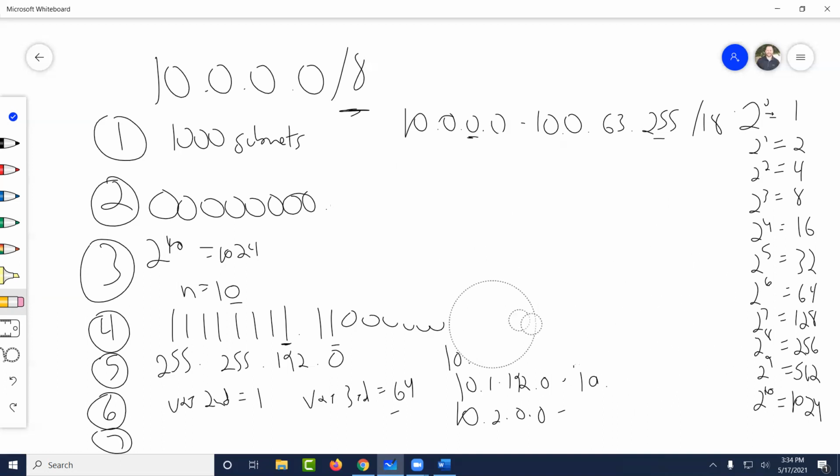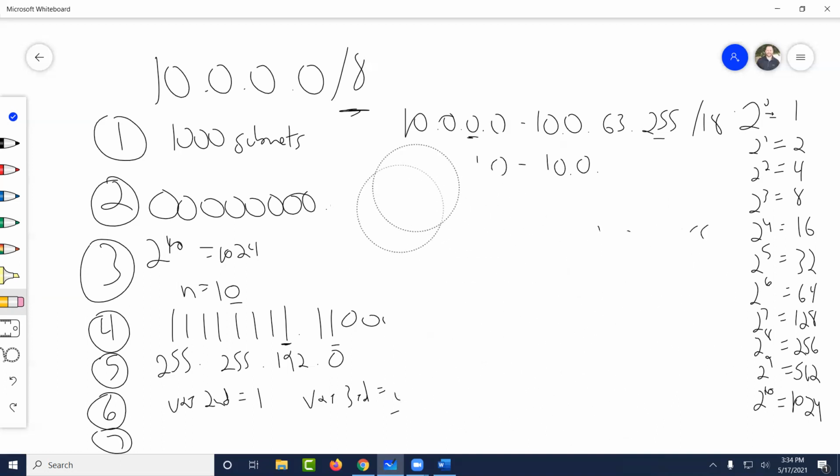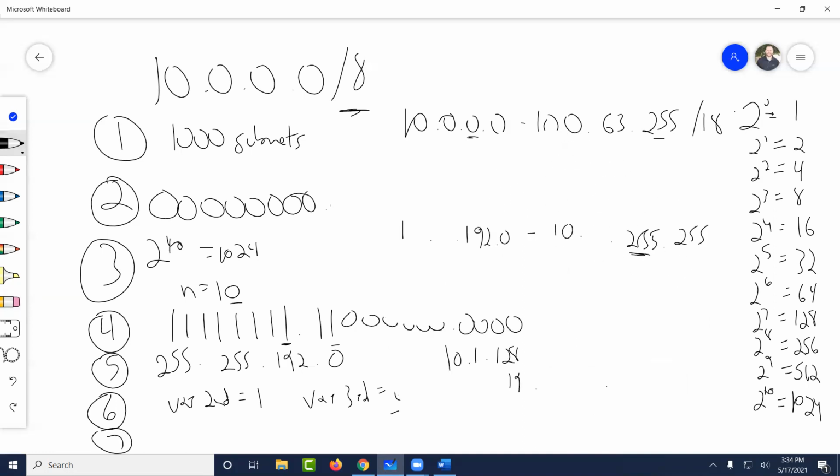Inside this subnet, is this a usable IP address? Can that IP address right there be given to a host?